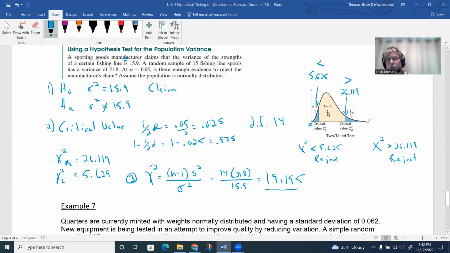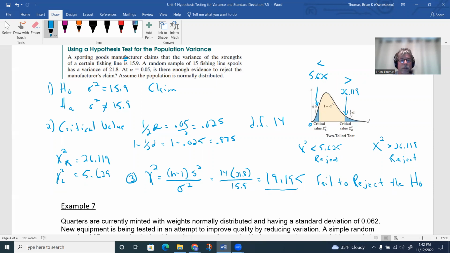So it falls in what's called the fail to reject region. It's in kind of the safe zone. So this says fail to reject the null hypothesis.